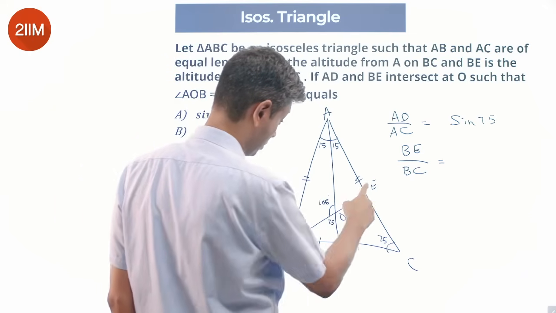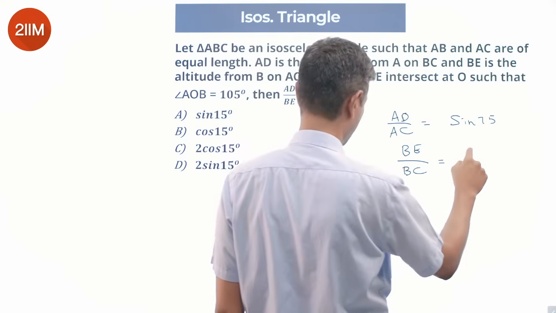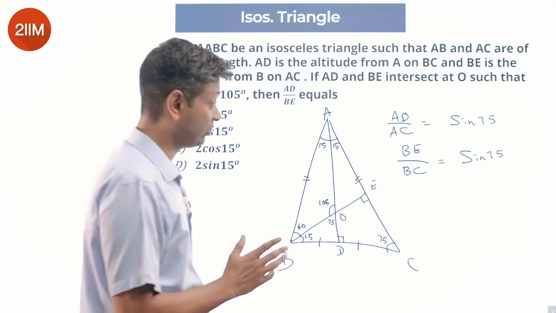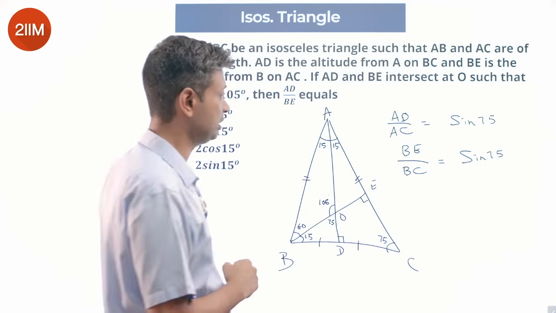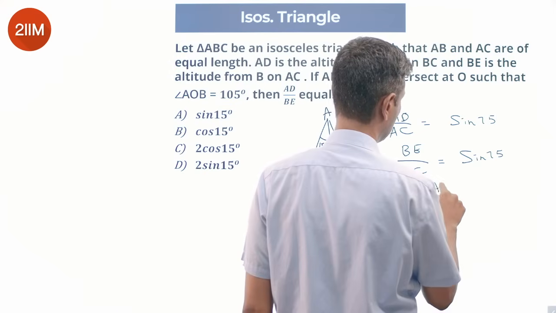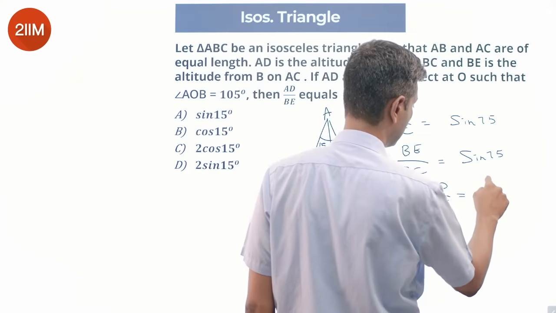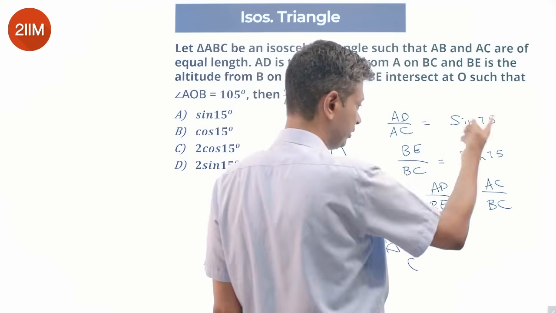BE is here, BC is here, opposite by hypotenuse, again is sine 75. Or AD is AC sine 75, BE is BC sine 75. AD by BE is nothing but AC by BC. This is AC sine 75, this is BC sine 75.